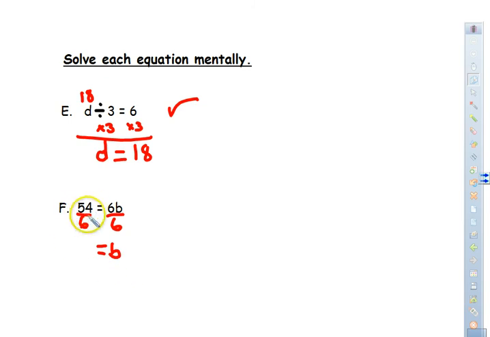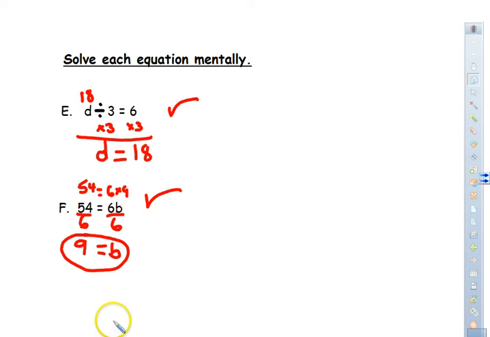And then 54 divided by 6, that is 9. And then we can plug that in. Does 6 times 9 equal 54? It absolutely does. Therefore, we found our answer to be 9, equaling the variable b.